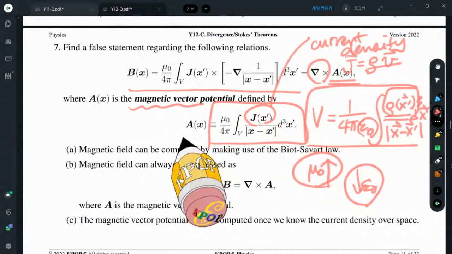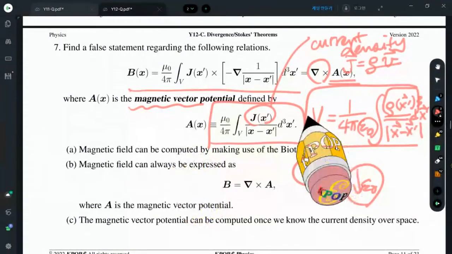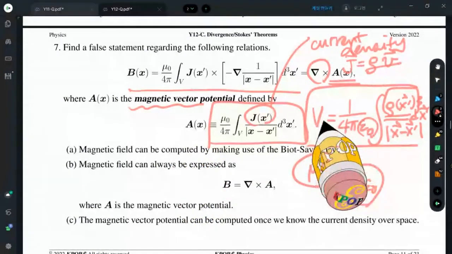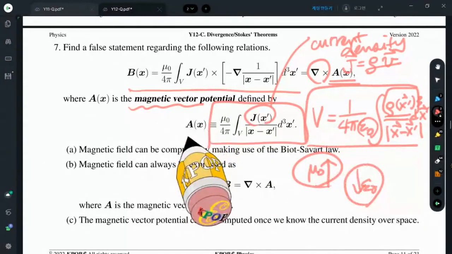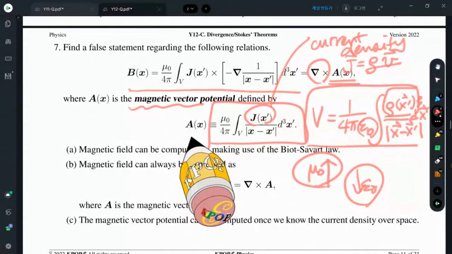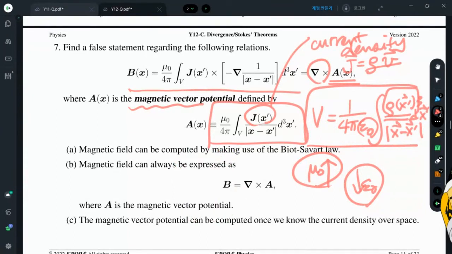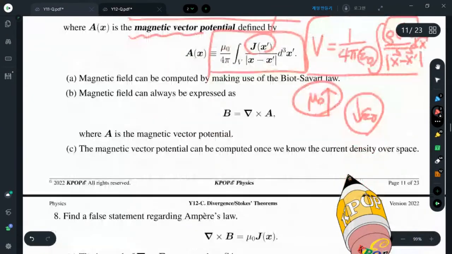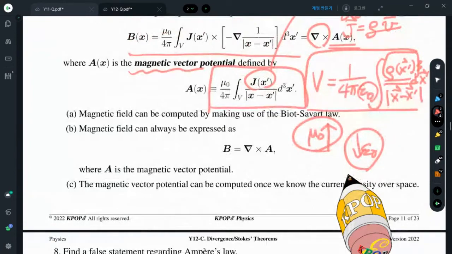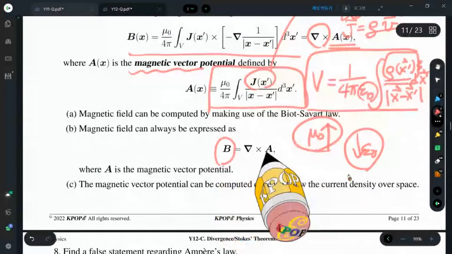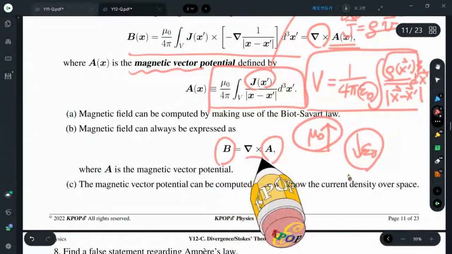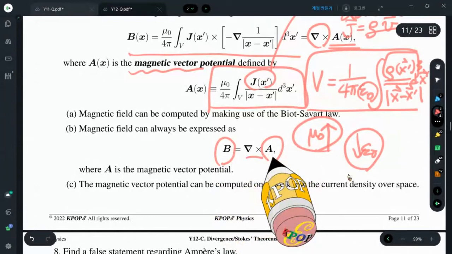In relativity, Einstein showed that this is the zeroth time component and there is a spatial component for the vector. We will learn later.